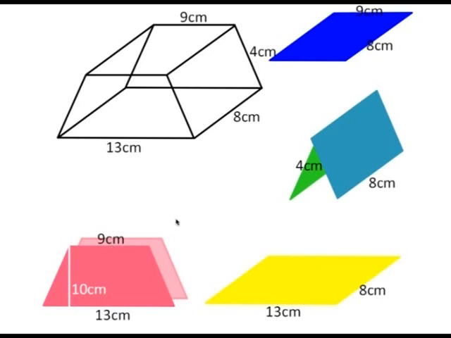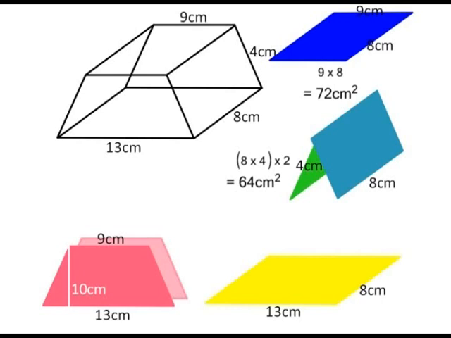Okay, now we calculate the areas. This blue rectangle, 8 times 9 is 72 square centimeters. This is 4 times 8, and there are 2 of them, gives us 64 square centimeters.